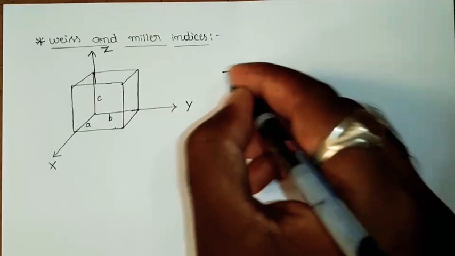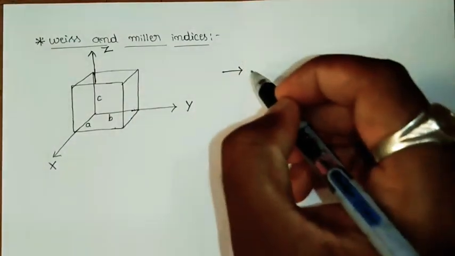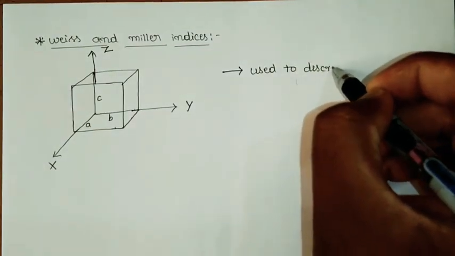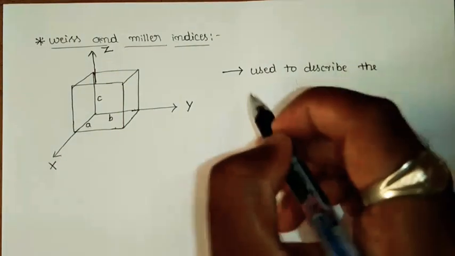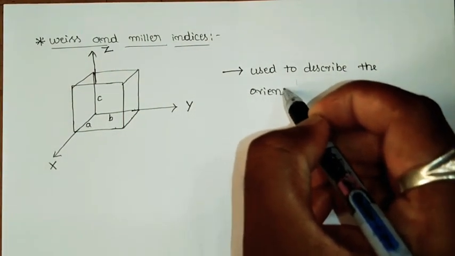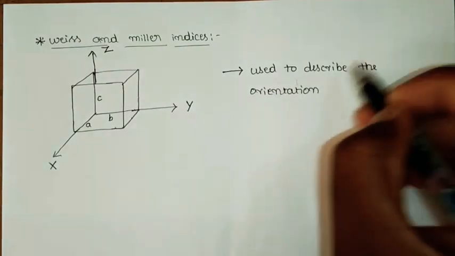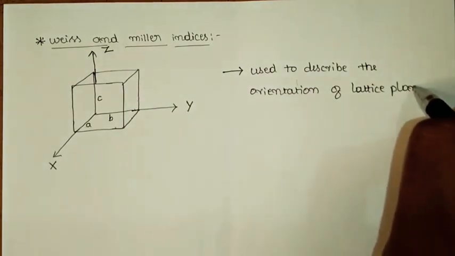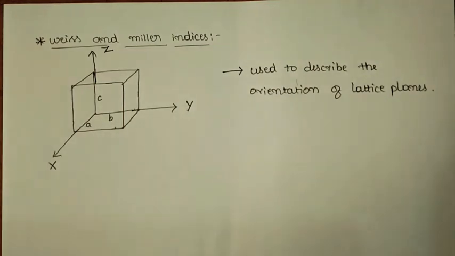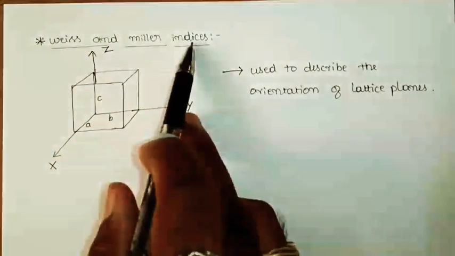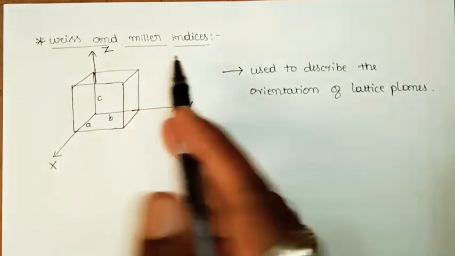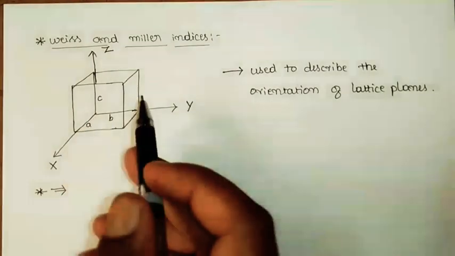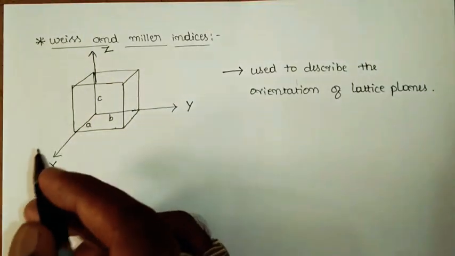So Miller and Weiss indices are used to describe the orientation of lattice planes. Now we shall learn how to describe the Weiss and Miller indices.